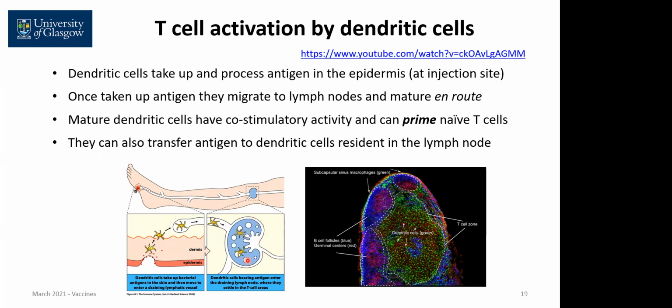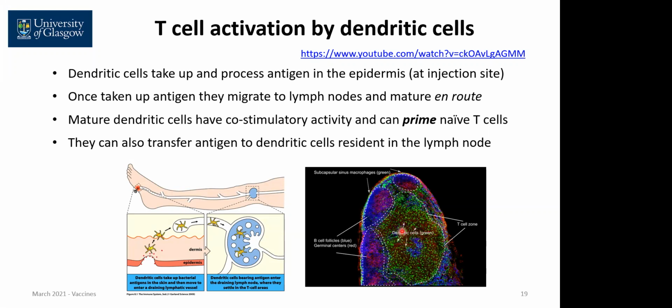And these lymph nodes, which kind of look like kidney beans, have certain regions where the dendritic cells will interact with the T cells. The dendritic cells will interact with the T cells within the T cell area of the lymph node. You can see this from the fluorescently stained image here. This is a lymph node, fluorescently stained with different fluorescent dyes or probes.